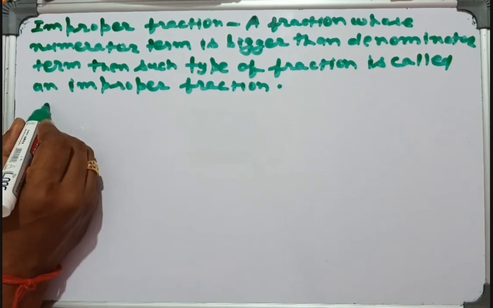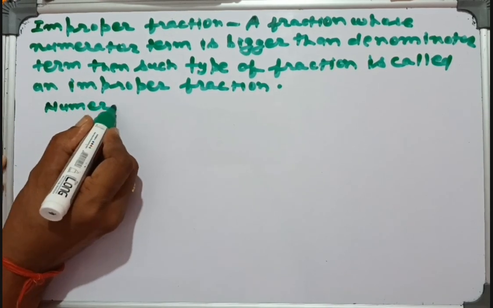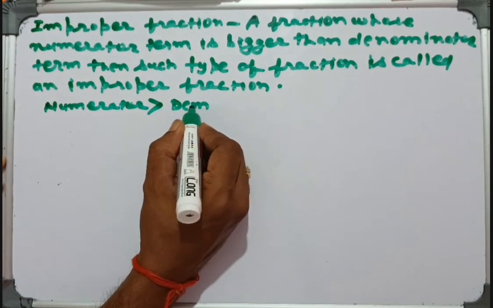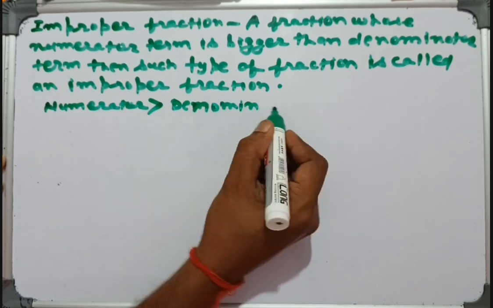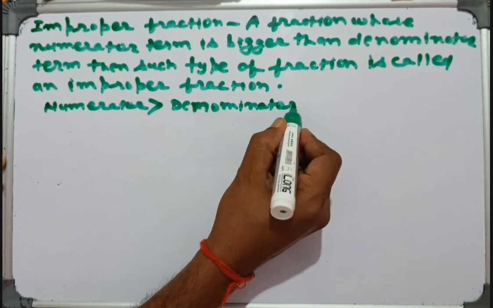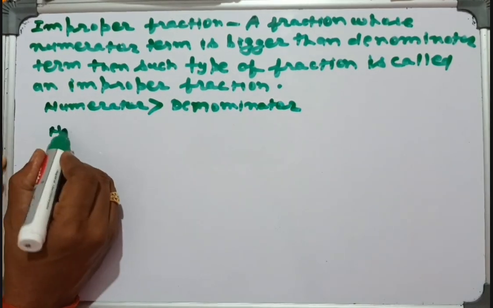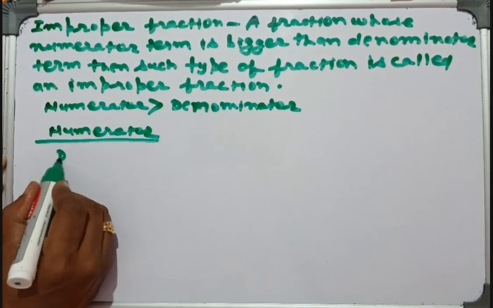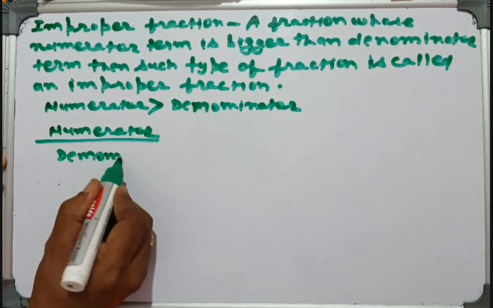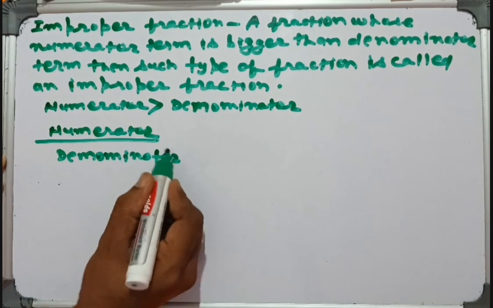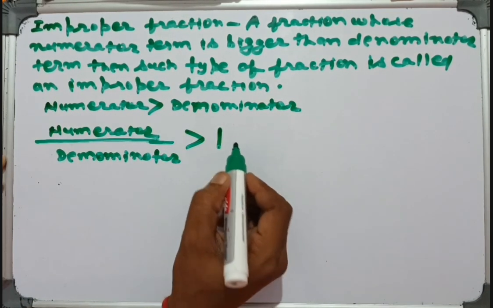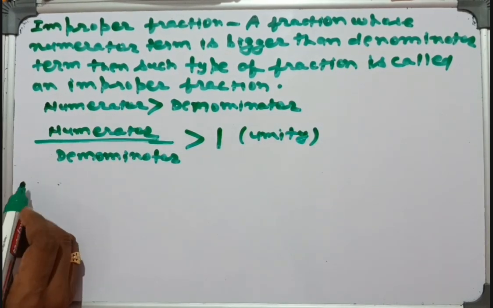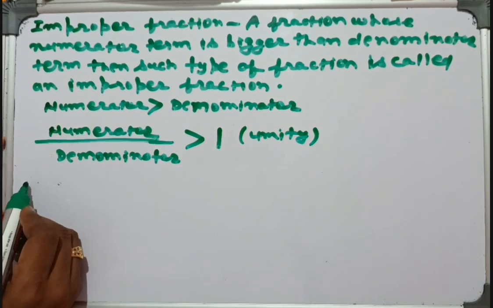In this case, the numerator is greater than the denominator, so numerator divided by denominator is always greater than unity. Now see some examples of an improper fraction.